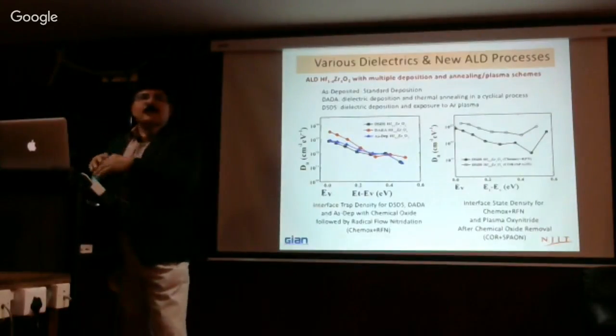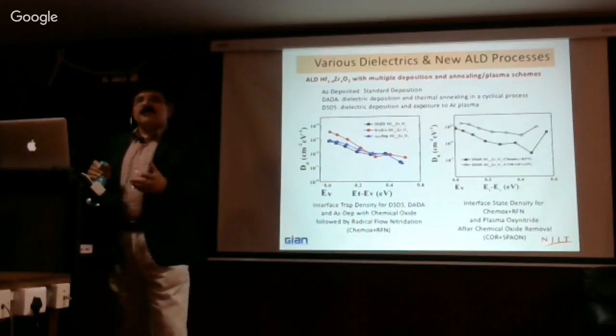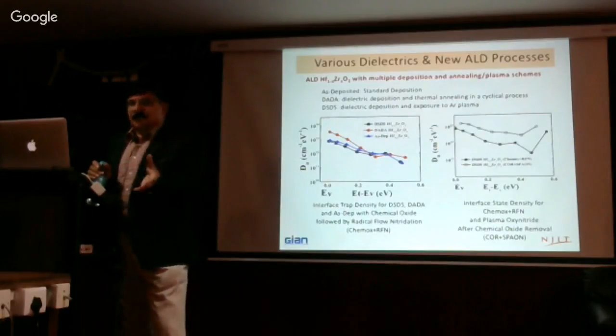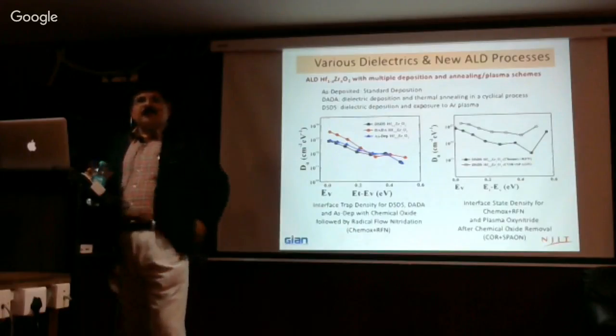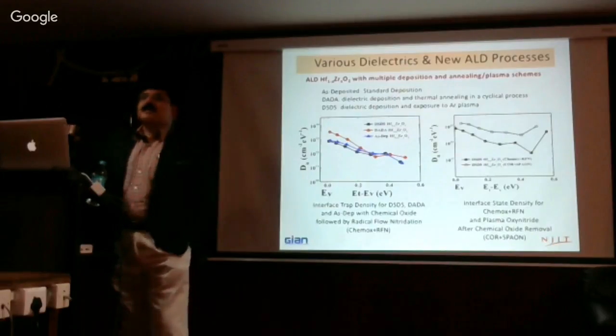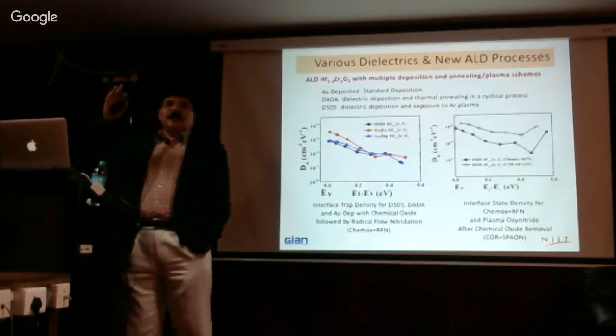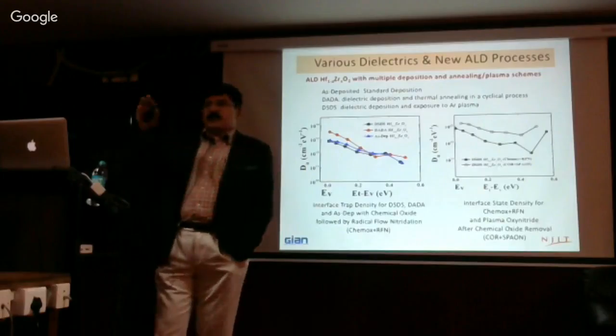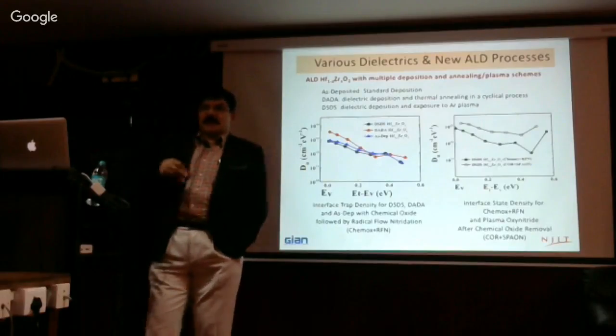Somebody already reported 19% efficiency, but in our lab we do the same thing and ours is only 10%. Why? Those are some of the challenges we face because of the interface, whether it is solar cells or CMOS devices, that can change.